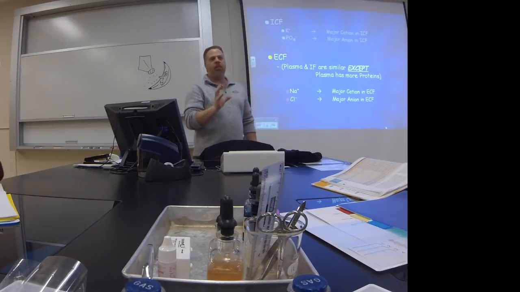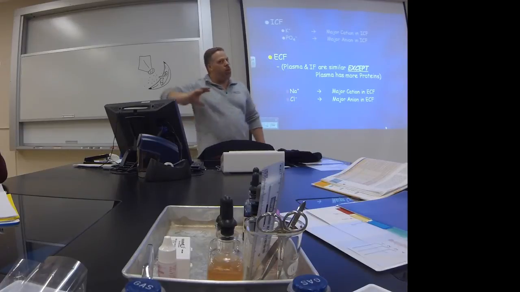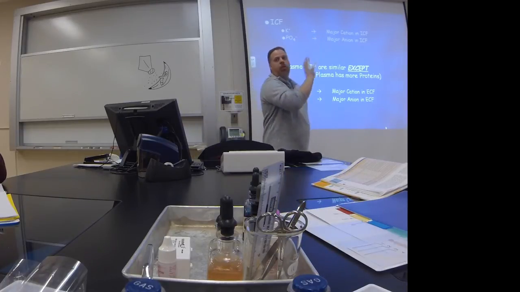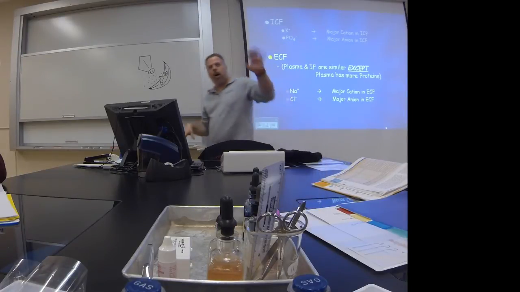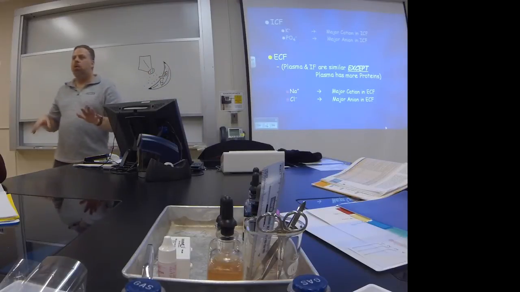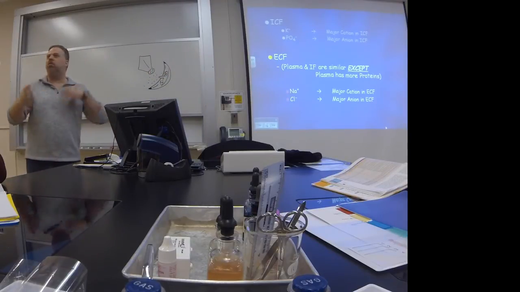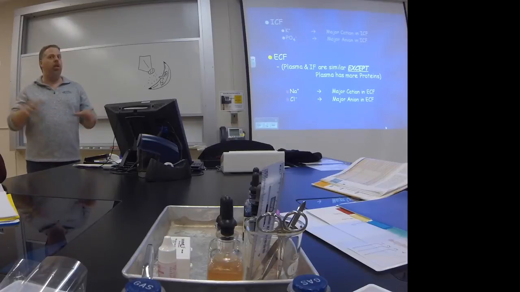So if the potassium gates of the cell are open, it wants to pour out. And if the sodium channels are open, it wants to pour in. It's going to go from a high concentration to a low. Okay? That's the basis of what we're going to talk about with the action potential in a few weeks.